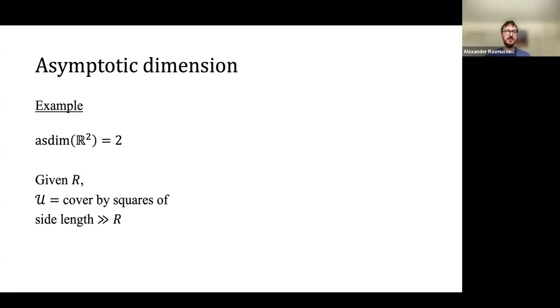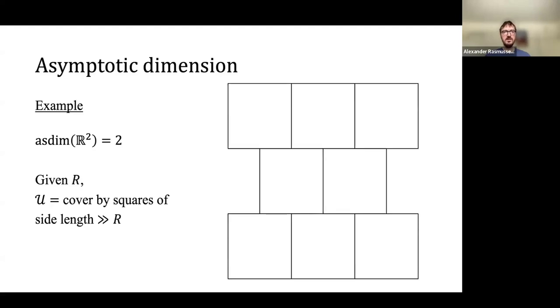And the cover we're going to choose is a cover of the plane by squares that are large compared to r. So this is how the squares are going to be arranged. They're arranged into layers, and when you move from one layer to the next, the squares are offset by like half a square.